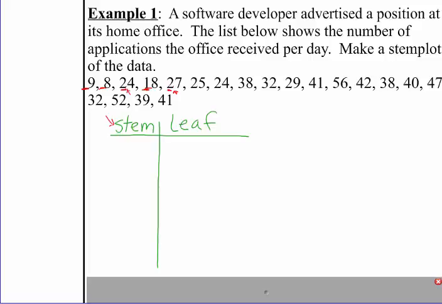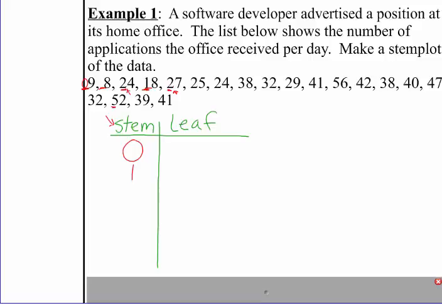So what's in front of the 9 we consider a 0. So 0, 9 is the same thing as just a 9. So 0 is also our stem. Since 0 is the smallest stem, that's the number we're going to start with. And then you write each stem between 0 and 5, since 5 is our largest stem.